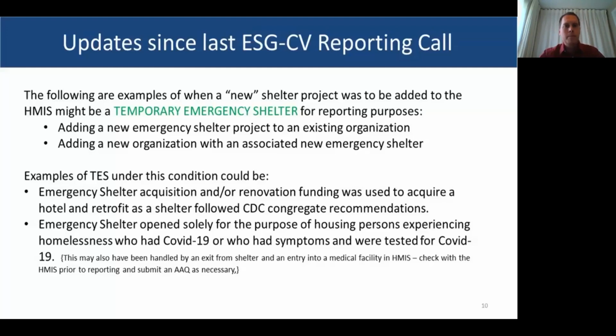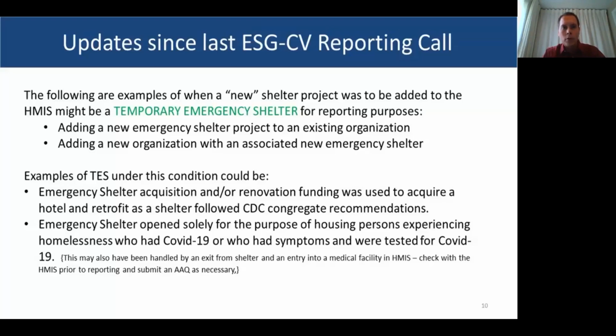There's another question. In these examples, what happens to the building after the pandemic ends? I have to be honest, I don't know the answer to that. What I do know is we don't have a restrictive covenant requirement. Let's say you acquire a facility, a temporary facility, a trailer or something to that effect, and you use that.